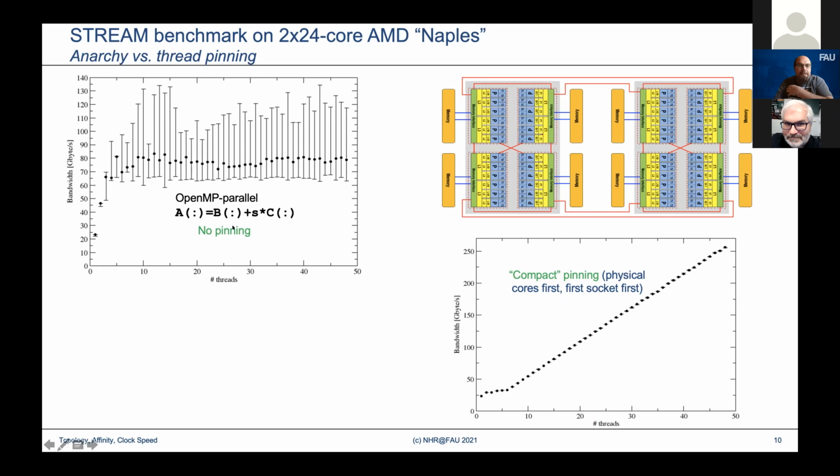So that's a basic STREAM test from the STREAM benchmark without pinning. And we see that with increasing core numbers, the error bars get larger. So we have huge variation in performance. If we start pinning, that's the picture here on the right.